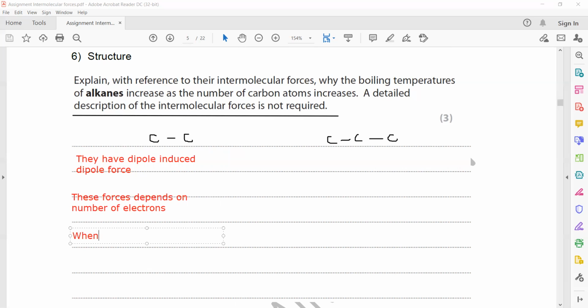So when the number of carbon atoms increases, the number of electrons will increase.